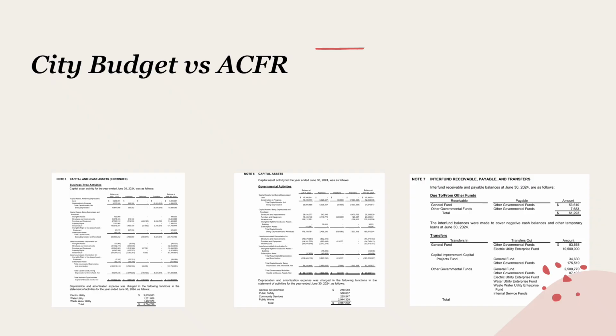So the difference between the city budget and the ACFR for the city of Colton is that the city budget is a planning document that outlines proposed revenues, expenditures, and policy priorities for the upcoming fiscal year, which reflects some of the goals or spending plans that they may have or anticipated sources of funding.